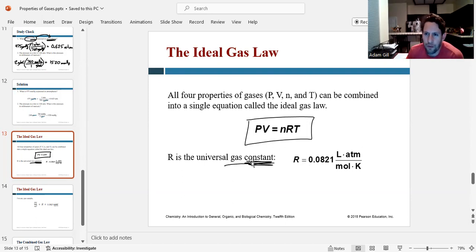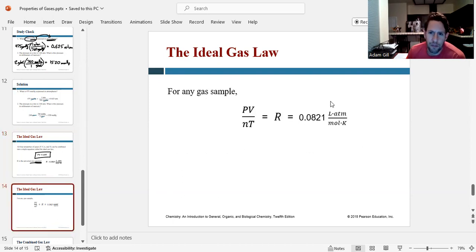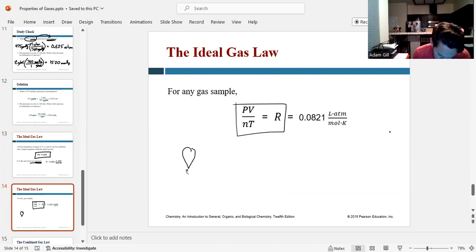Now, why do we call it a constant? Well, if we take that PV equals nRT and we rearrange it, we get pressure times volume divided by moles times temperature is equal to R. And this is true for any sample of a gas. If you have a little tiny balloon and you take the pressure in the balloon times the volume of the balloon divided by the moles of gas and the temperature, you get this value R, which is this number.